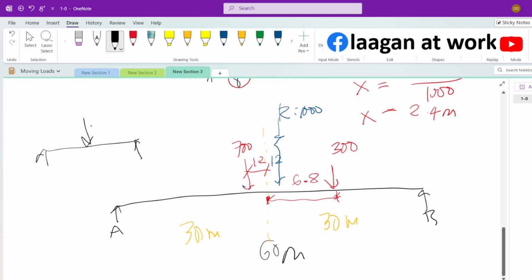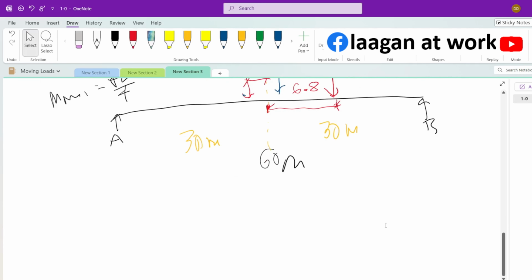If you have a load P at the midspan, this is L over 2, this is L over 2, your maximum moment is PL over 4. But that's not the case for this one because we have two loads. For two moving loads, you have to position the center line of the beam between the resultant and the biggest load.